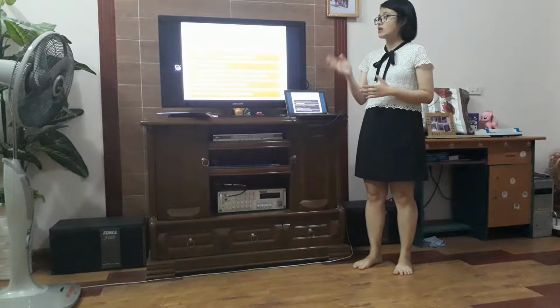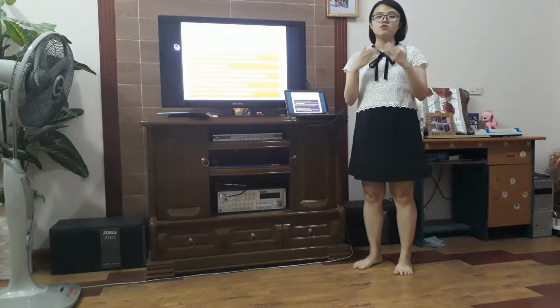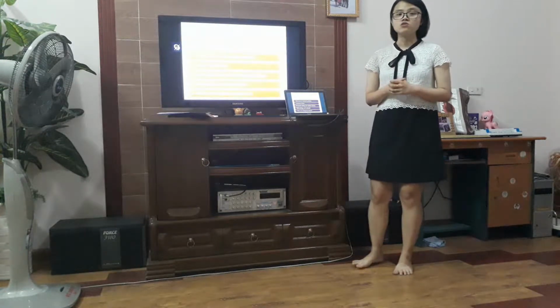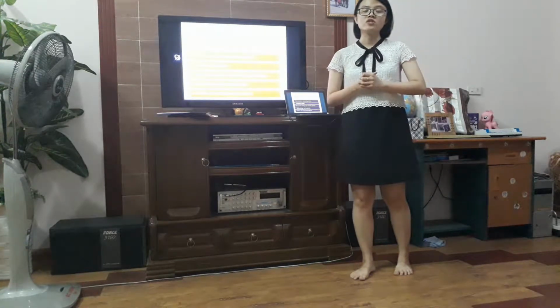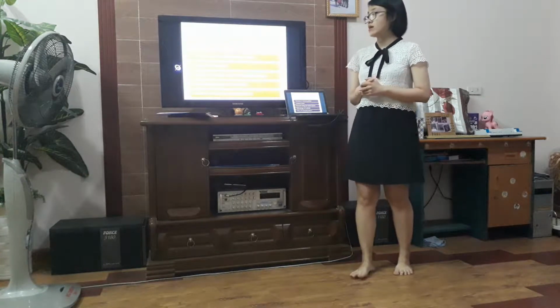The first part is statement of research problem, in which I'm going to tell you the reason why I conduct this research, and also what I expect to achieve at the end of the project.